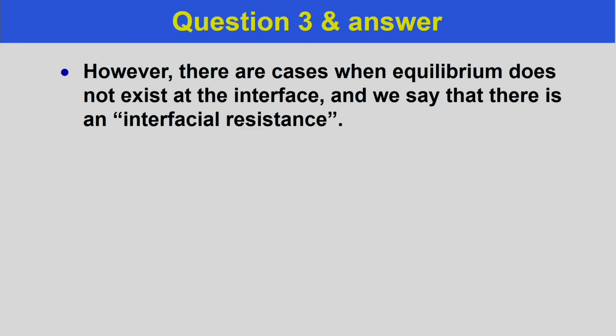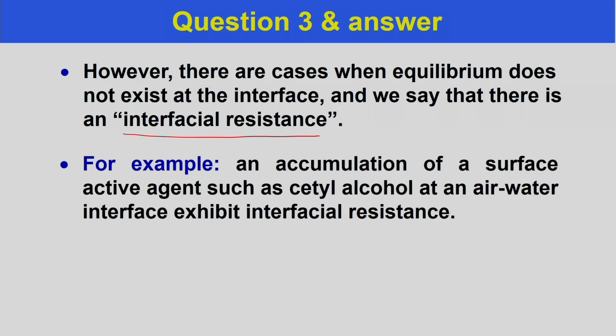However, there are cases when equilibrium does not exist at the interface, and we say that there is interfacial resistance. In some cases there is no equilibrium at the interface, and then we say that there is some interfacial resistance, but in most cases we assume there is no interfacial resistance.